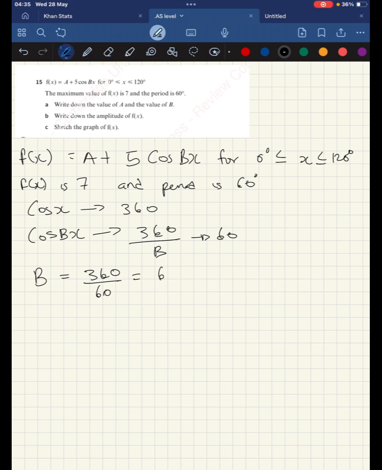So that's b. And then we know that the maximum value is 7, right? From there, we also know that the amplitude of cos x is 1, and cos 5x has amplitude 5. So for the maximum value, we can say 7 is equal to a plus 5.